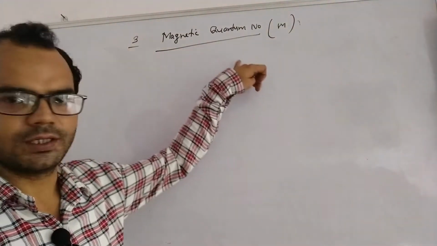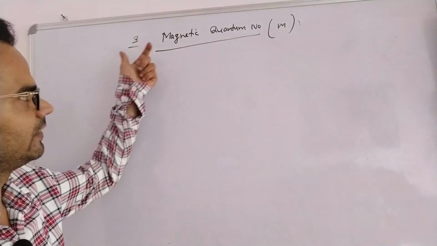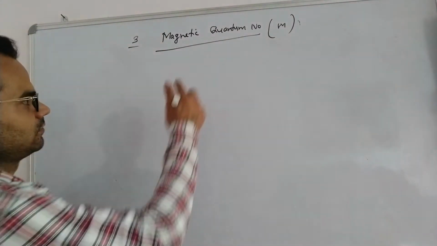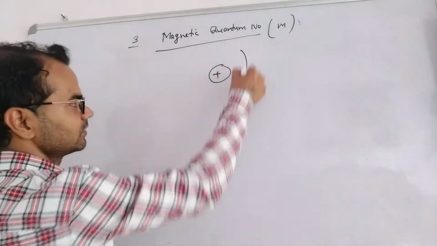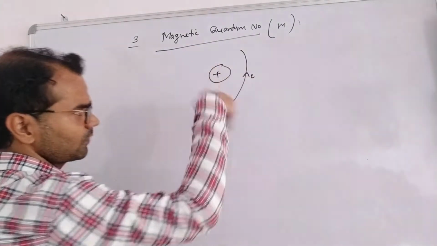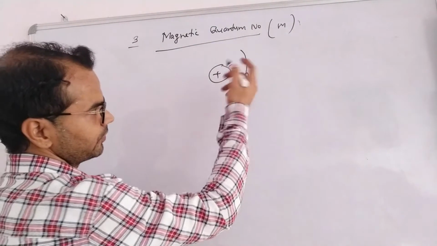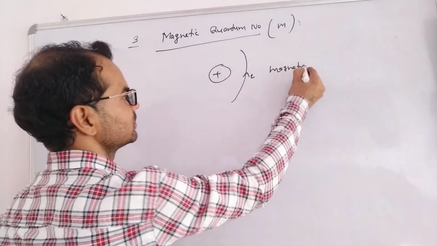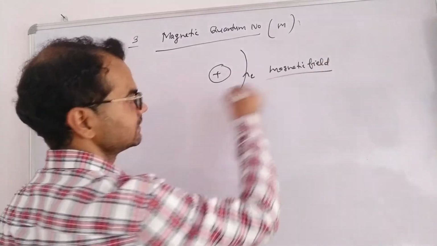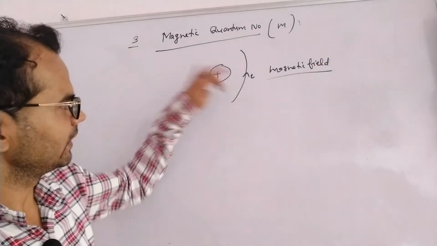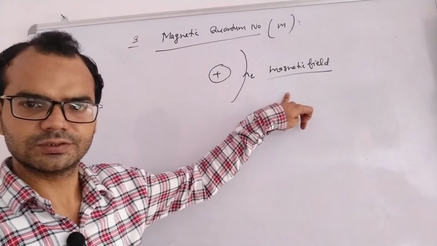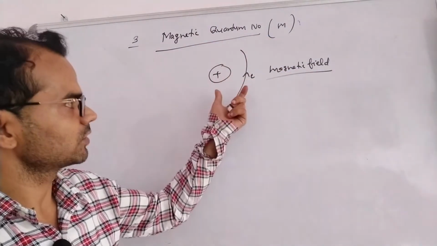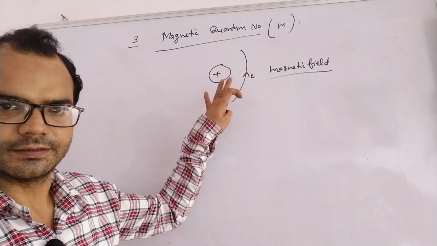As its name indicates, it will tell us the magnetic behavior of an atom. As we know, electrons revolve in an orbital path. It will produce an electric field, and due to the electric field, a magnetic field will also be produced. That is electromagnetic induction. Under the influence of an external magnetic field, the spin and orientation of an electron can be affected.